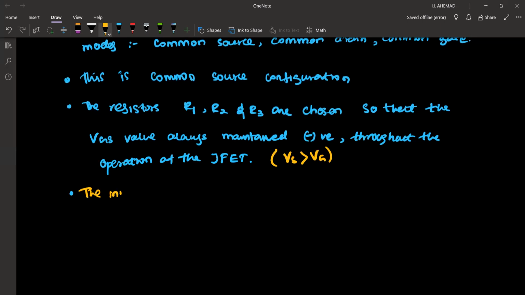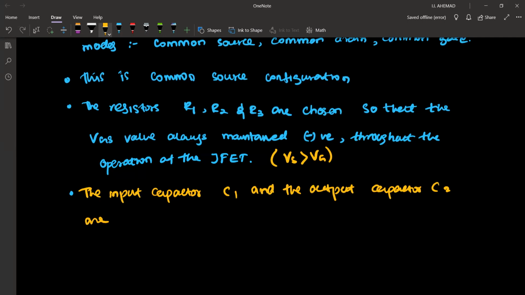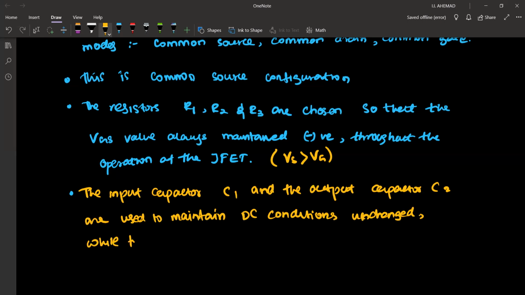The input capacitor C1 and the output capacitor C2 are used to maintain DC conditions unchanged, the same thing we discussed in BJT, while transmitting signal through them.